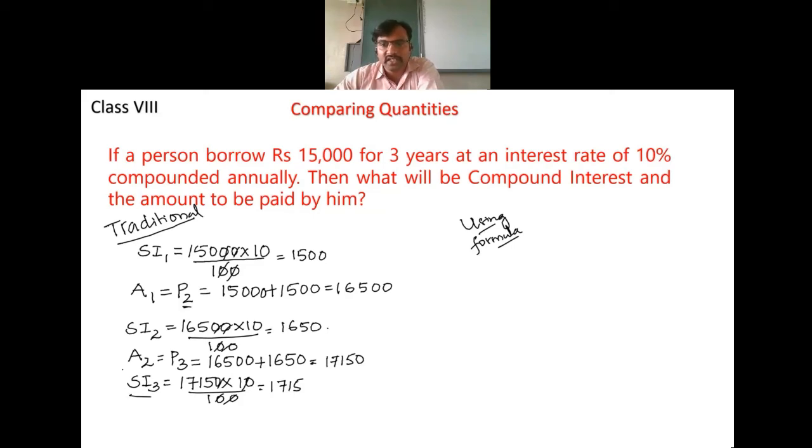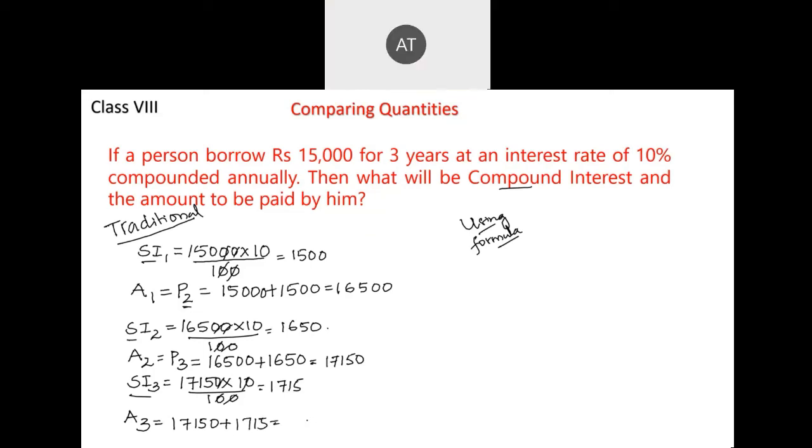Now, since all the interests are there, the question was to find the compound interest and the amount. We shall find out the amount first. Amount at the end of third year is 17,150 plus 1715. So 5, 6, 8... Why should we add 1715?